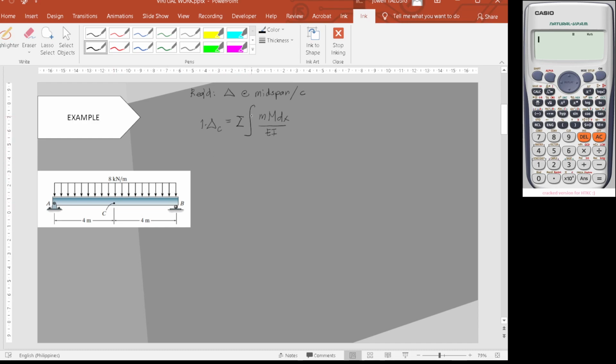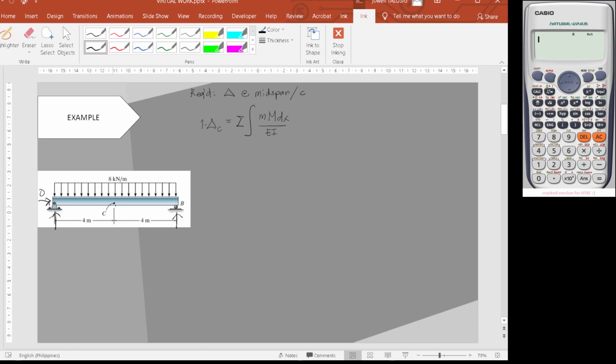First, let's determine capital M. You need to solve for the reactions here. You all know that the horizontal reaction Ax at the pin is 0.